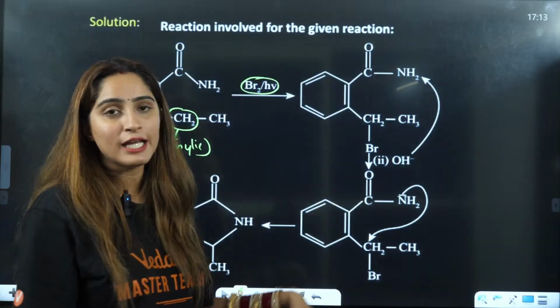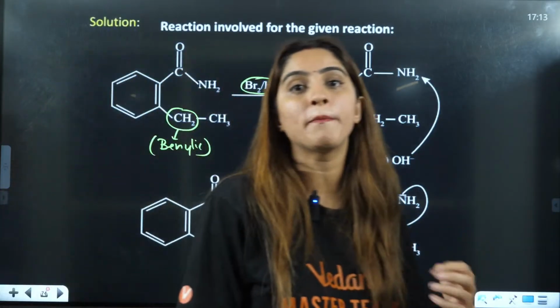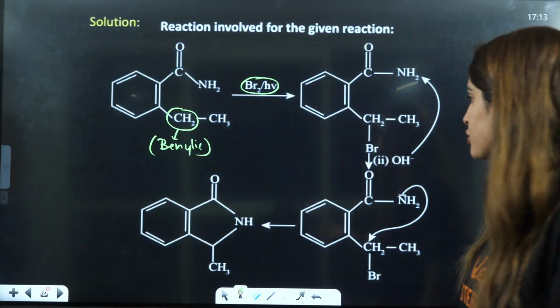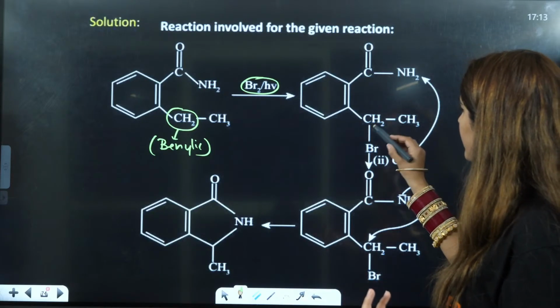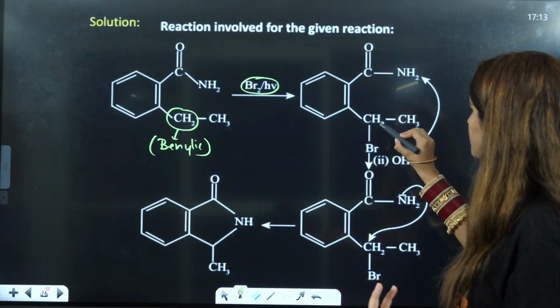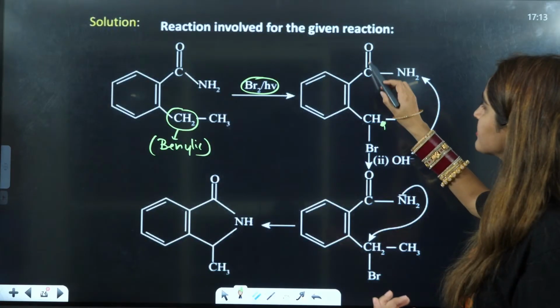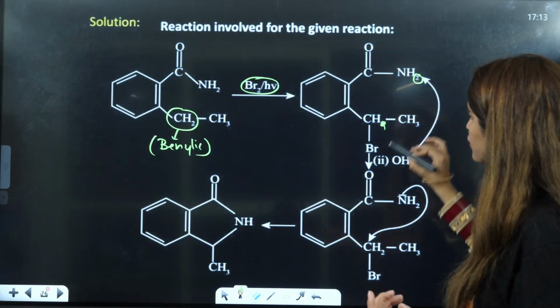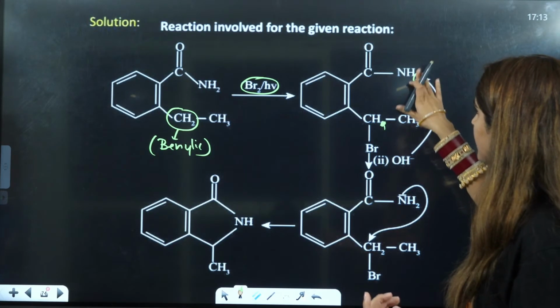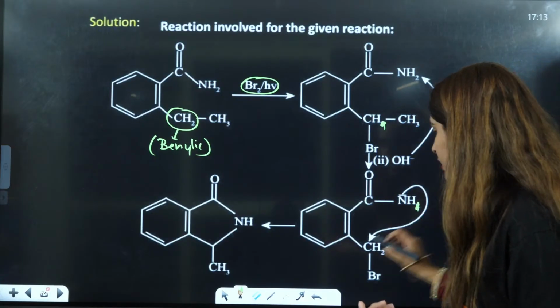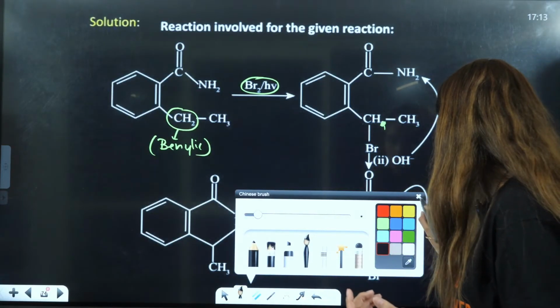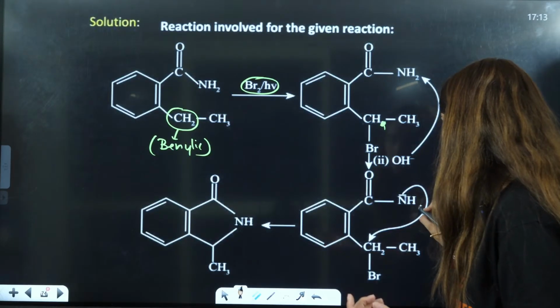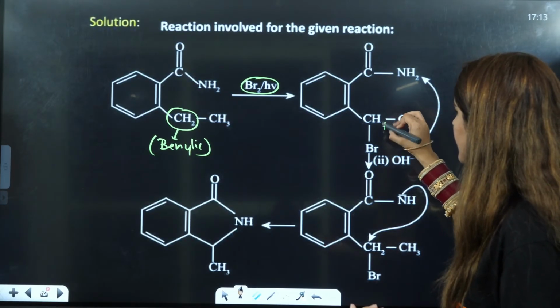After that, you are adding base. Base is going to abstract proton from the acidic position. So which is the acidic position here? Now you can see, this will be H, right? Yeah, now you can see this is the acidic hydrogen. So base is going to attack on this hydrogen, and this will be converted to NH negative here, right?